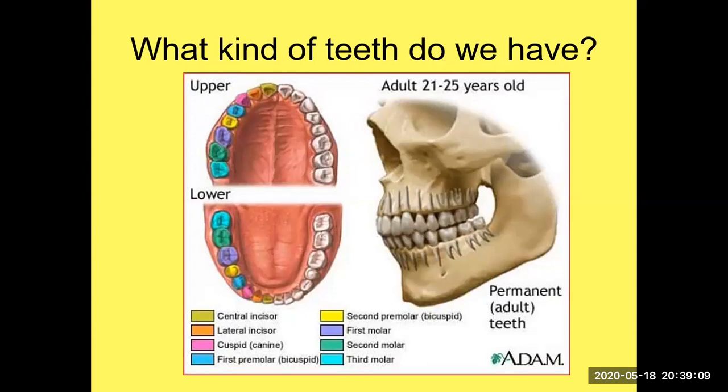Then we have the central incisor, which is at the center. Then we have the lateral incisor, like brownish, very close to the green. Then we have the cuspid canine, which is pinkish, and then the light blue, which is the first premolar bicuspid.